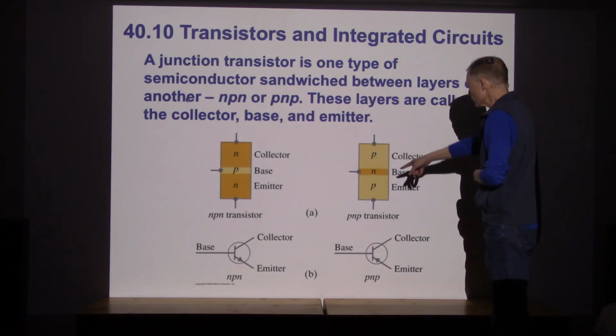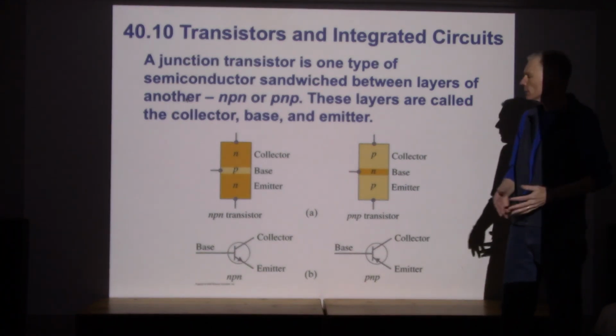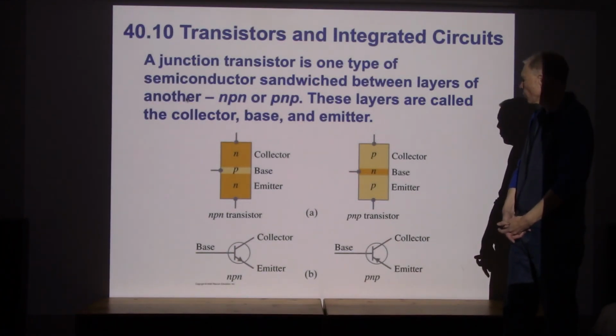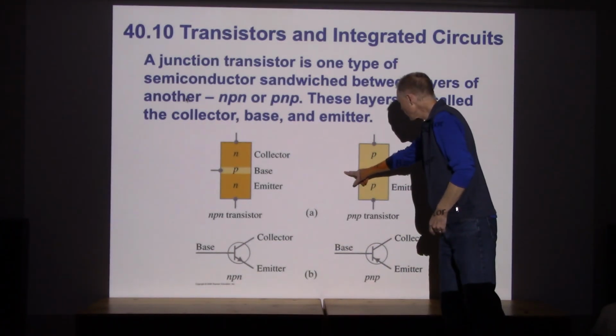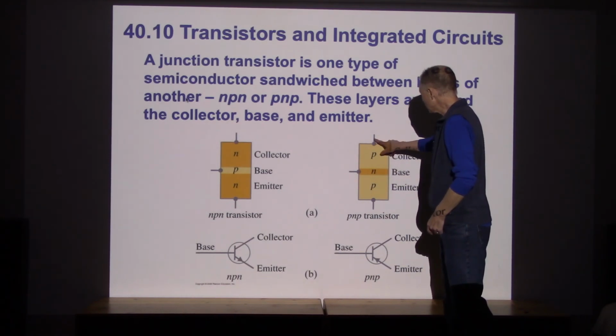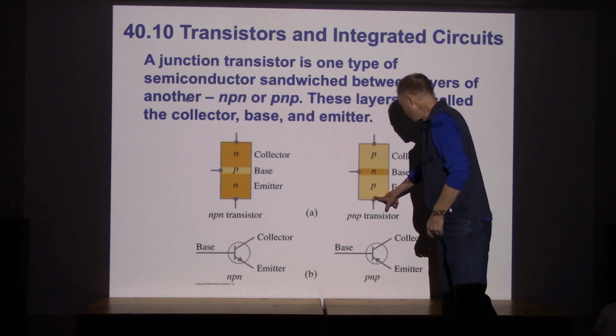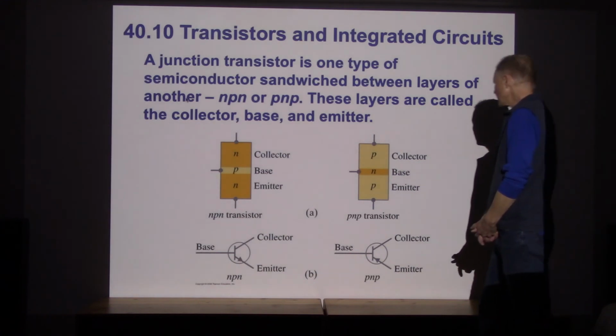PNP transistors are thinking in terms of vacancies or holes in the quantum states. So in this case, it's more as current coming in here and leaving, they're actually coming the other direction.